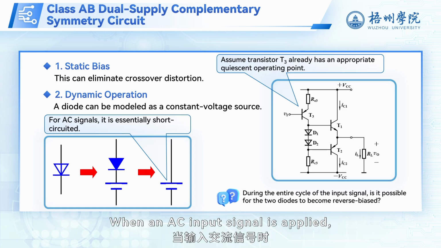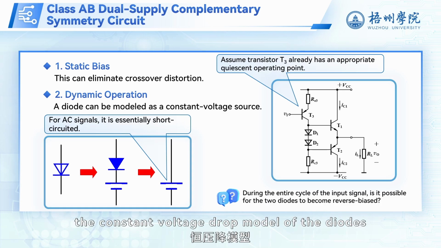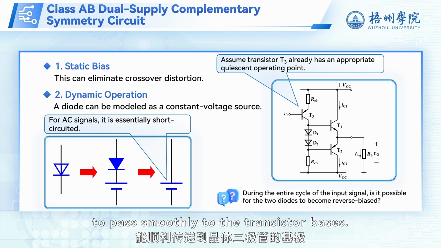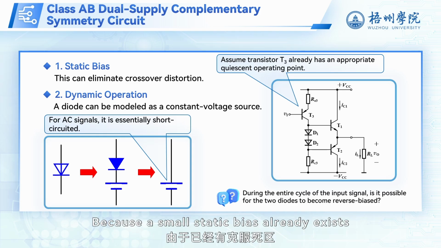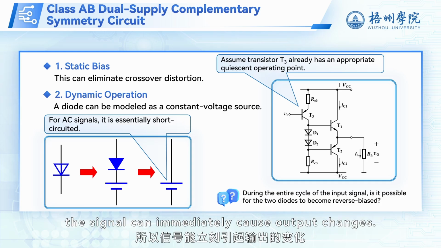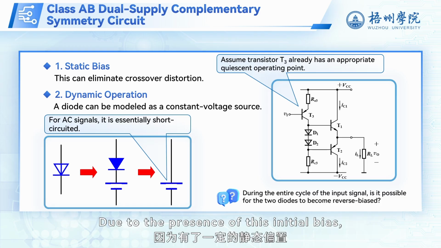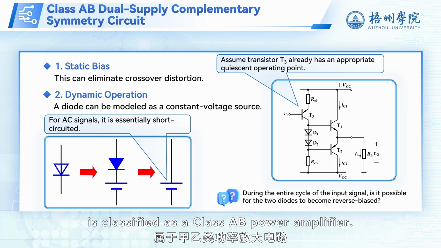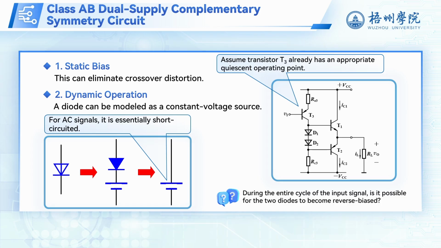When an AC input signal is applied, the constant voltage drop model of the diodes can be treated as a short circuit, allowing the signal to pass smoothly to the transistor bases. Because a small static bias already exists to overcome the dead zone, the signal can immediately cause output changes. Due to the presence of this initial bias, the circuit is classified as a Class AB power amplifier.